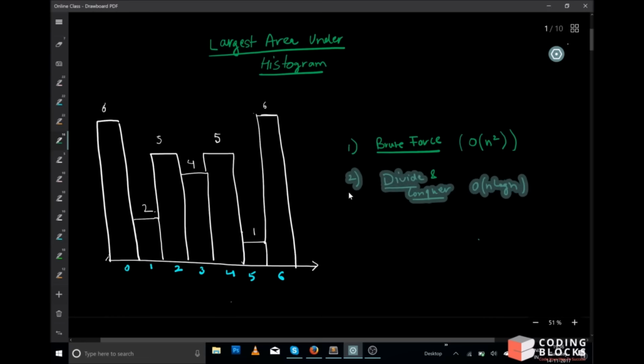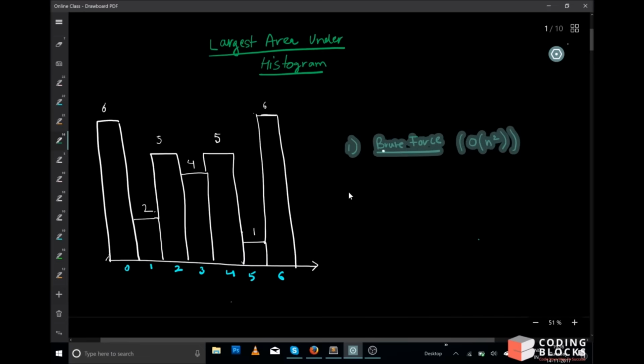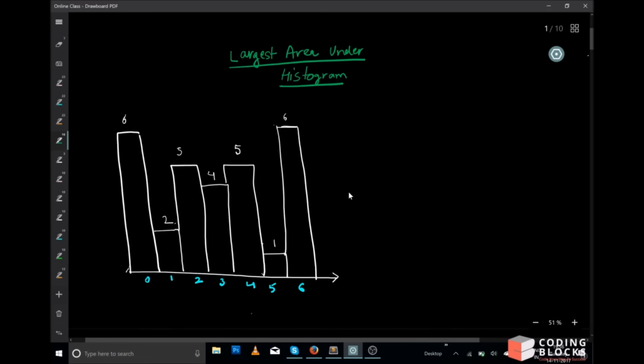So let us start with this solution, right? So what is the idea? Let us first try to understand the idea behind the stack based solution.